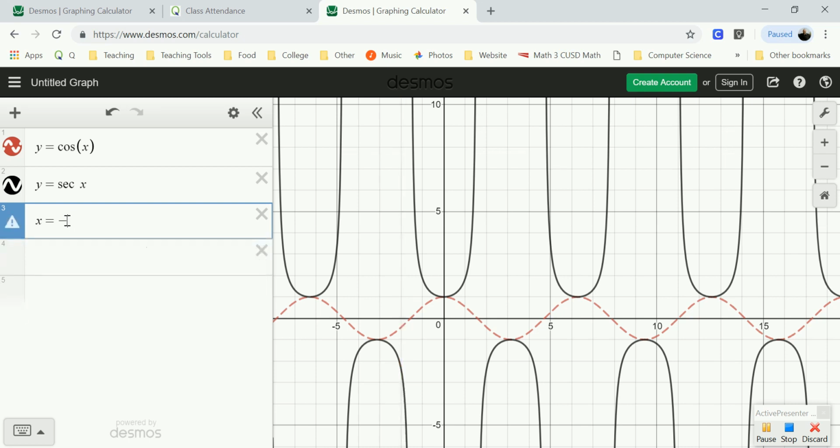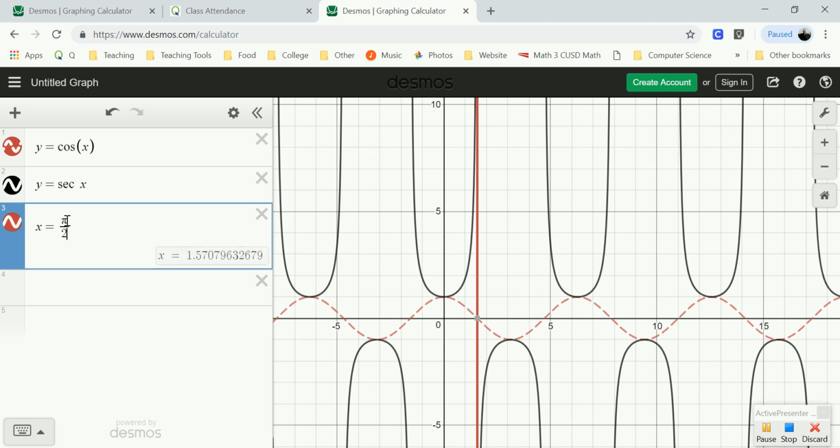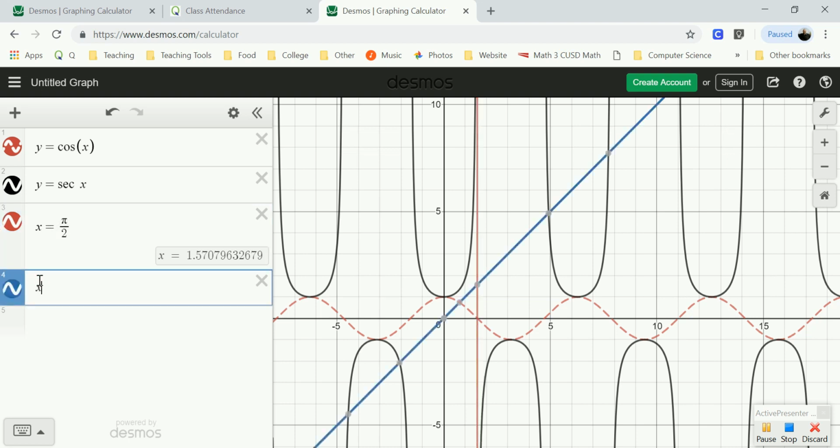Let's try pi over 2. Okay, because that's the end of the first quadrant, right? That's where your cosine function's hitting the x-axis at 0, and the reciprocal of 0 is undefined. And so that's one of them. What's the other one? X equals pi? Let's see.